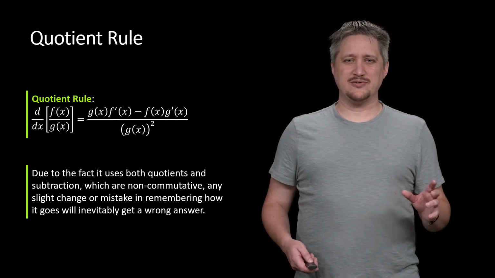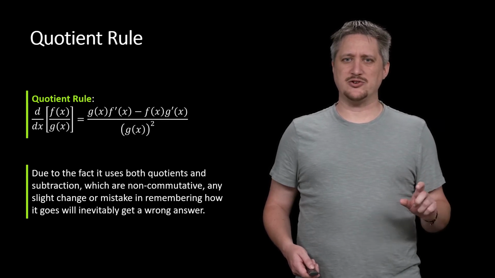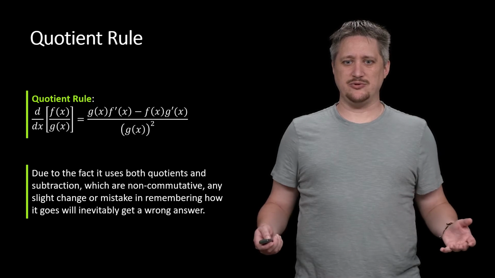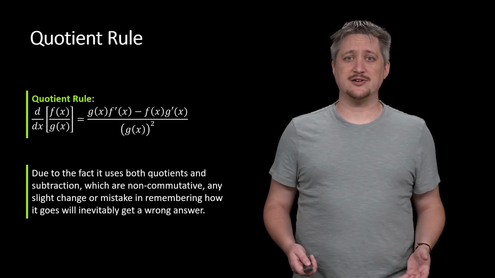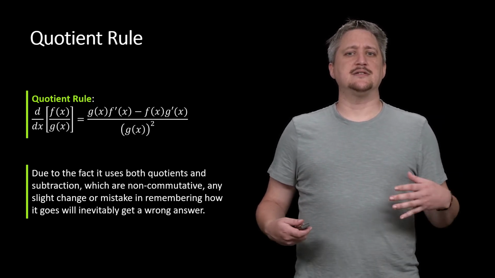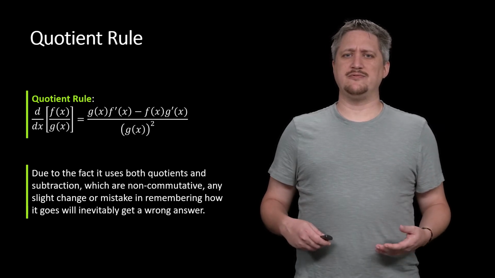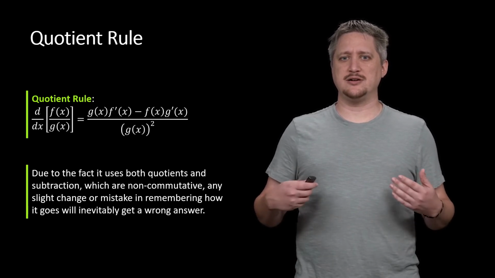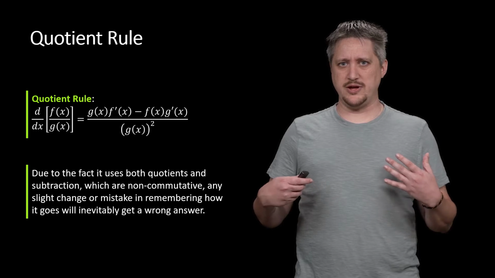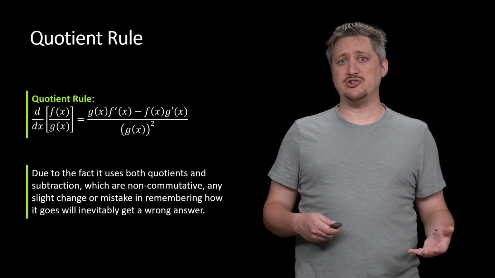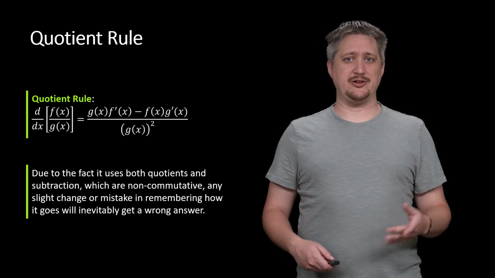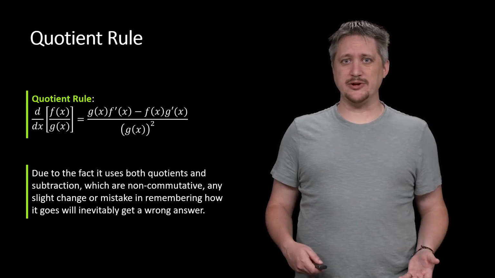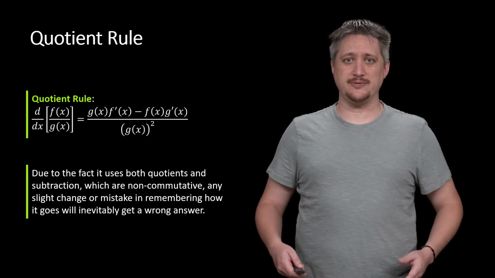So any slight mix-up of what term goes where, and you'll inevitably end up with a wrong answer. The idea of this video is to give you a way of recovering an answer without having to remember which term goes where, and without going through the crazy process of rederiving the whole quotient rule.